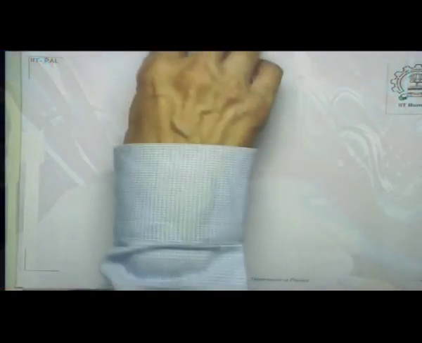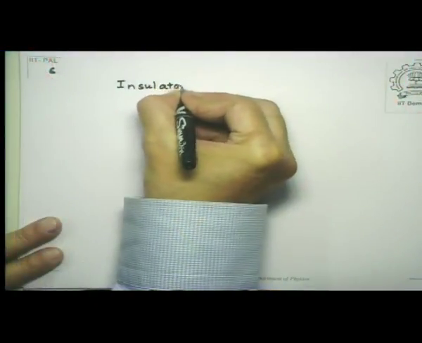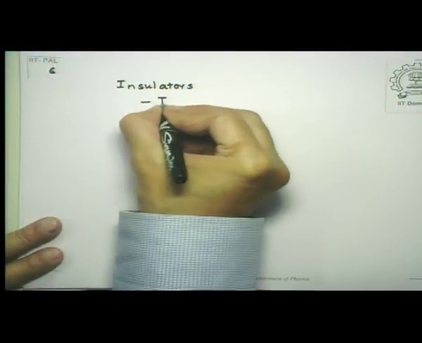So now what is the situation in an insulator? In an insulator, unlike the case of a conductor or the case of an electrolyte, the electrons are tightly bound, and as a result they are not free to move. So, tightly bound electrons.